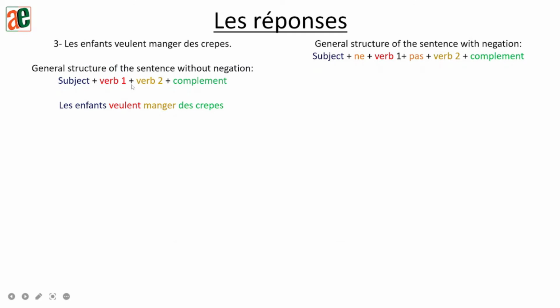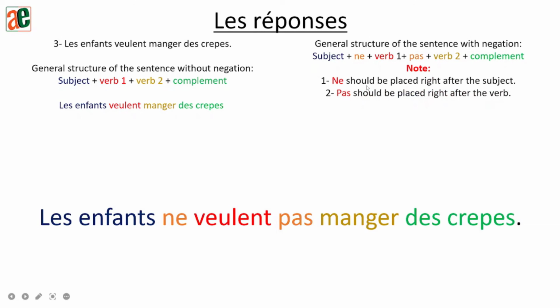Again, the same logic: this is the structure of the sentence without the negation, and this is the structure of the sentence with the negation. Now look at where we are going to put our negation. The subject, then right after we put ne, then the first verb, then pas, then the second verb, then the complement. Again, the tip: ne right after the subject, pas right after the first verb.